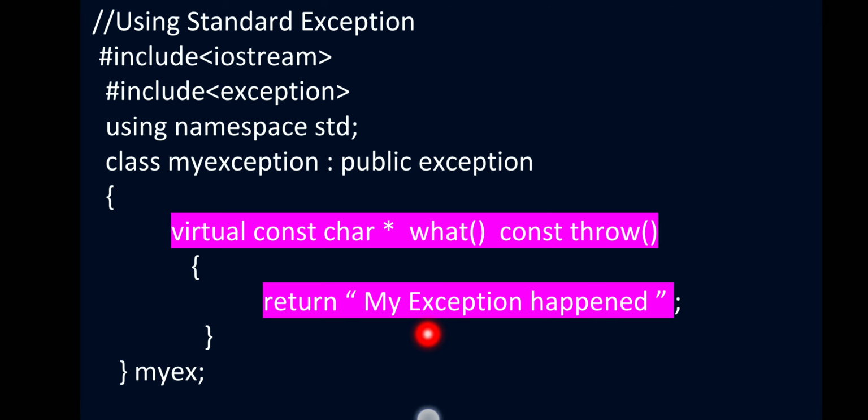To create your own exceptions, you have to create a class by deriving from the exception class. Here my exception class is derived from the exception class. In that I have redefined the what function, and in this I'm giving my own exception message.